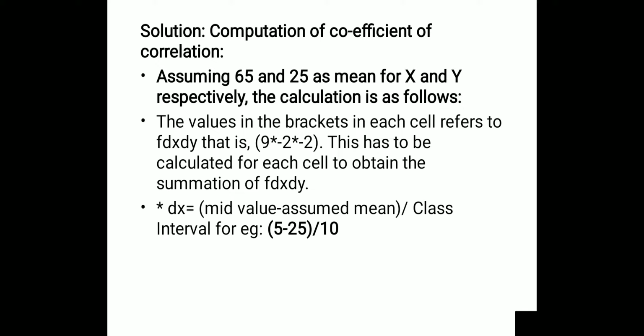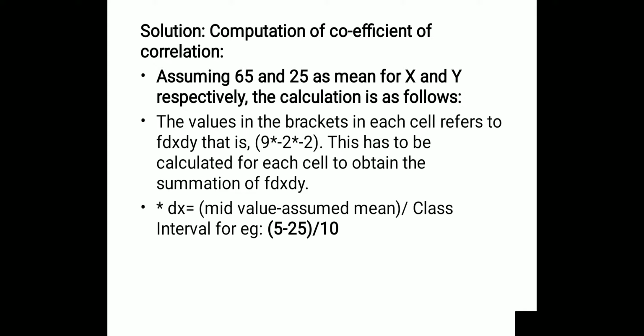So by assuming 65 and 25 as the assumed mean for x and y respectively, the calculation can be continued, and the values of f into dx into dy, which is present in the brackets of each cell beside the frequencies, we can calculate through this method.